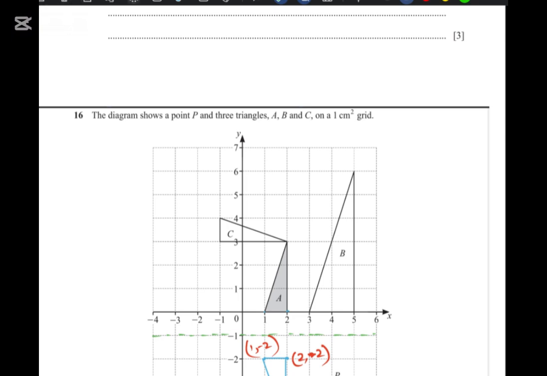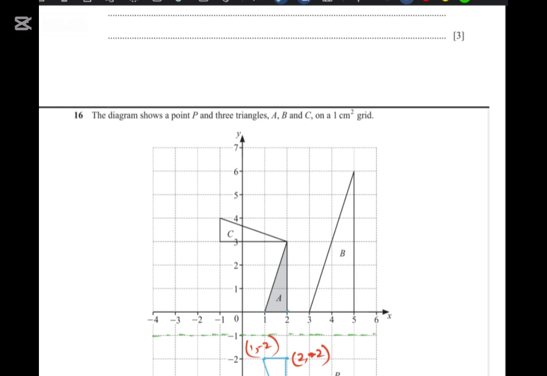To find the center of enlargement, we always try to draw a straight line connecting the corresponding vertices. One of the lines is already drawn for us, that is the x-axis, because when you join these two corresponding vertices, you have to draw a line. So that is already ready for us here as the x-axis.